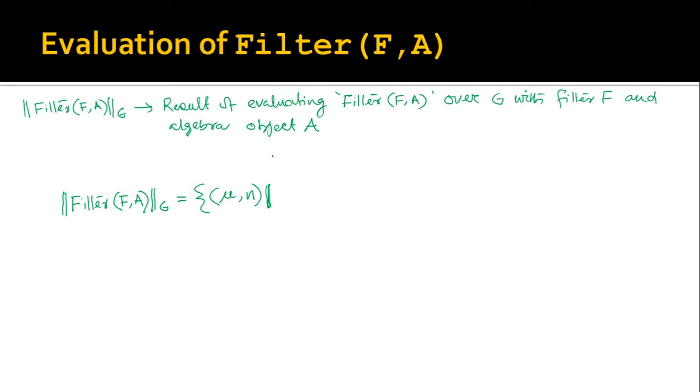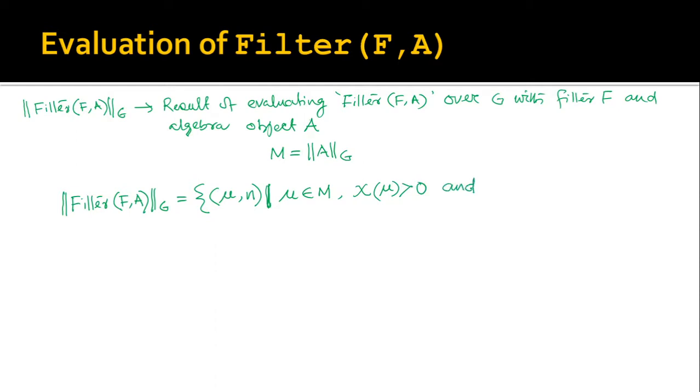Now let us assume that this M is the result of evaluation of A over G. This mu should belong to M in the first place, and the multiplicity of this solution should be greater than 0, otherwise it will not appear in your result set.